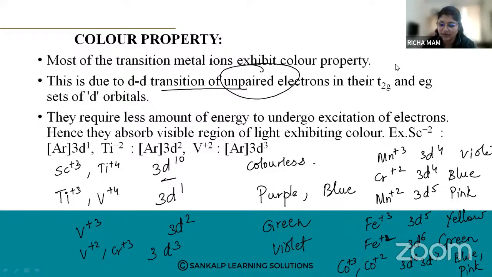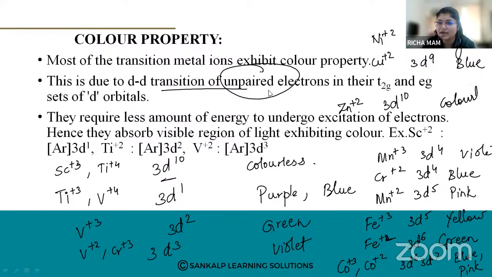Then nickel +2, that is a 3d8 system, the color of the complex is green. Copper +2, 3d9, the color of the complex is blue. Then last, Zn +2, 3d10, again it will be colorless. So whenever you have d0, it will be a colorless system.